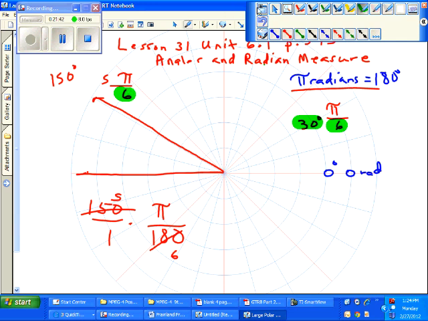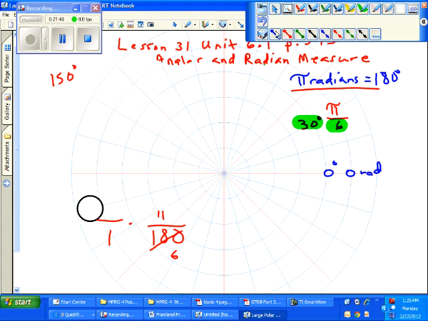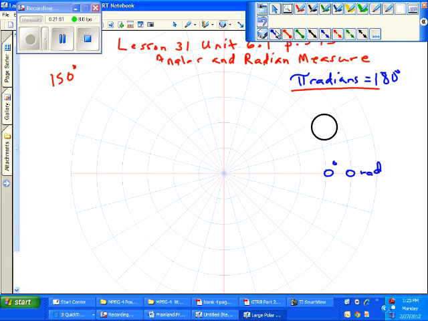Okay, so let's move to 60 degrees. If I had an angle that was 60 degrees, what would that be in radians? Well, I would multiply by pi over 180.